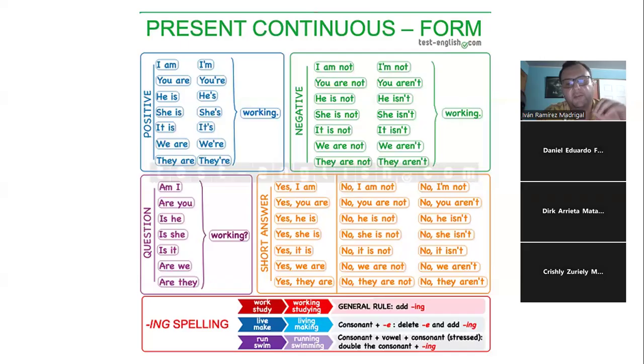Another thing that I have to say is for silent final E's, we always drop them and we add ing. As in the case of creating, okay? We always drop the E and add ing. And in the case of one syllable verbs, again, we double the last consonant, then we add ing.